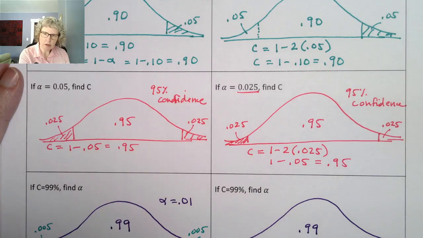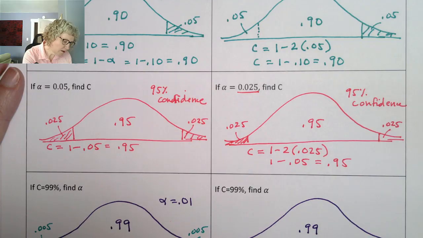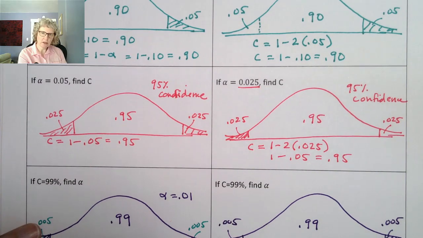So we're going to do 1 minus 0.99 is 0.01. There's 1% left. Now we need to divide it in half. 0.01 divided by 2 is 0.005. So here I get 0.005. We also have 0.005 on the other side, just like over here with the two-tail test.